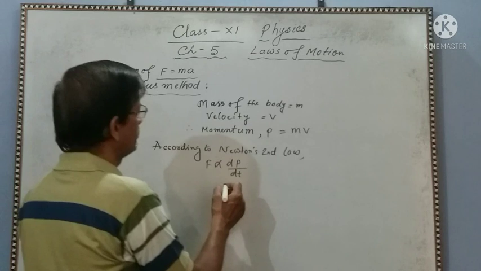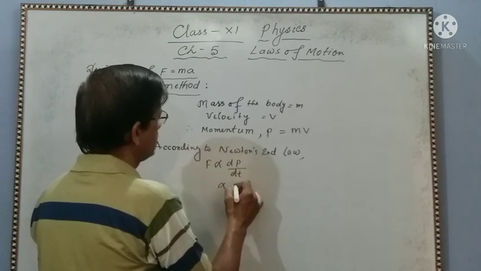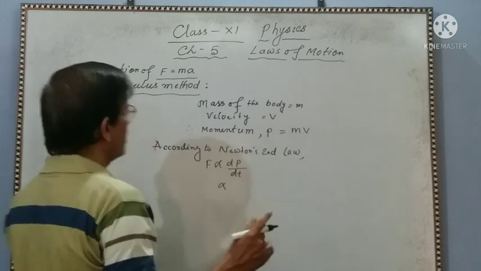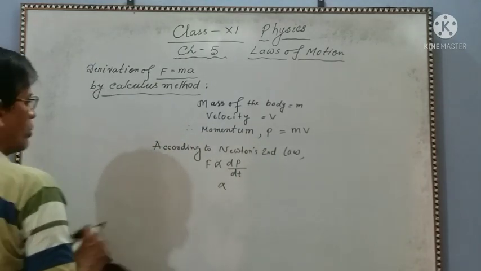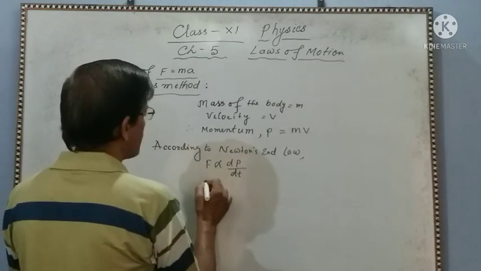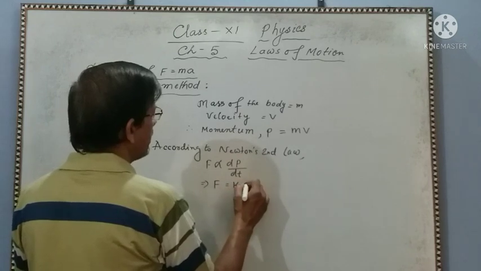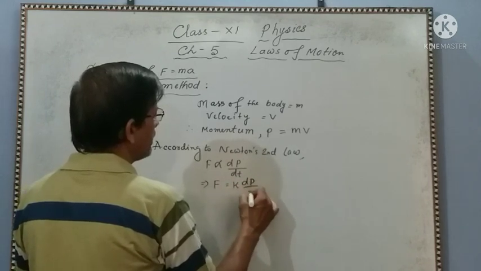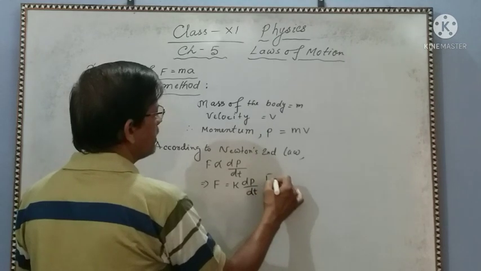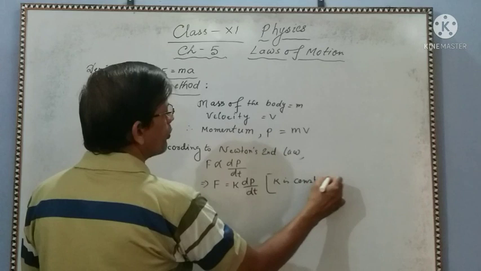First we take a constant, so F equal to k dp by dt, where k is the constant of proportionality.